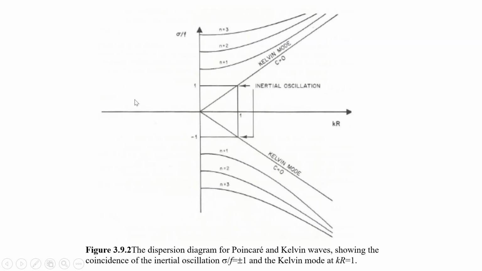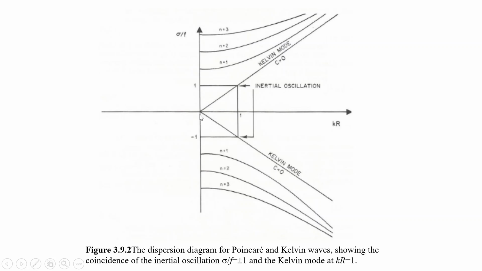Okay, so if you express this dispersion relation with wave number k and the frequency, the set of inertial gravity waves is shown by this set of dispersion curves for different n equal to 1, 2, 3. You have a set of eastward moving and westward moving inertial gravity waves.